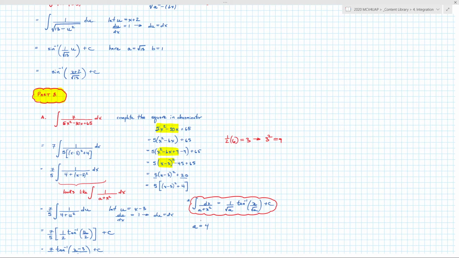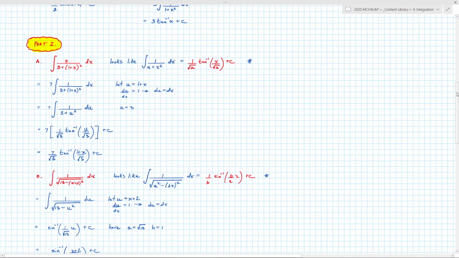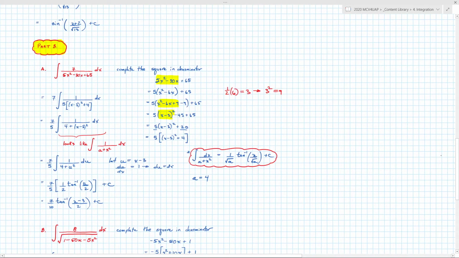Square root 4 is just 2. When I back substitute the u, I get 7 over 5 times a half, which is 7 over 10. Tan inverse x minus 3 over 2 plus a constant.